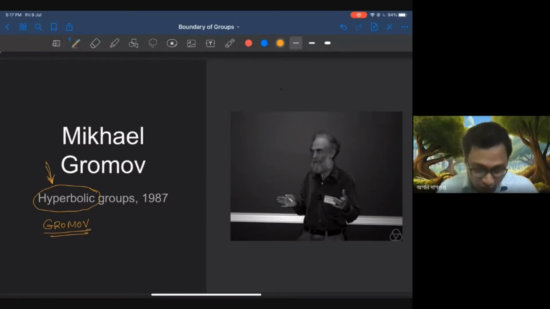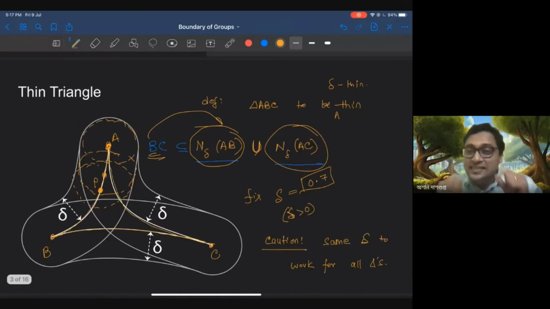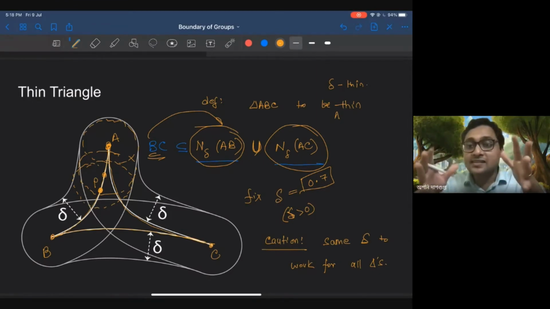We have not yet gone to the group part. We are focusing on the word hyperbolic so far, and we have a precise meaning of what hyperbolic means in our context. It means a space where triangles are thin. That's very simple. A space where triangles are thin.